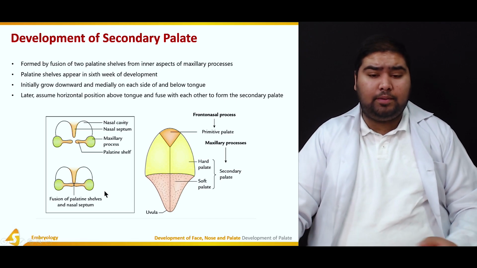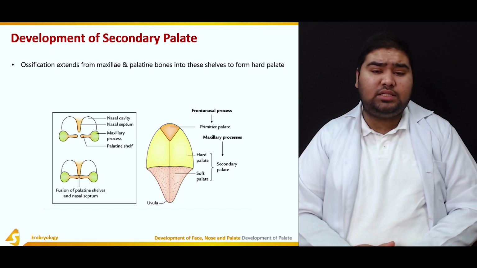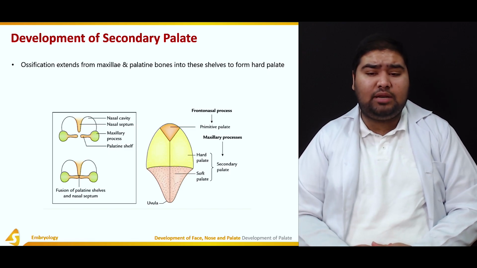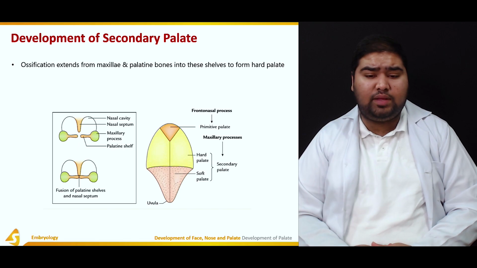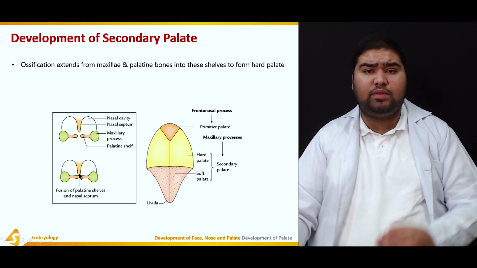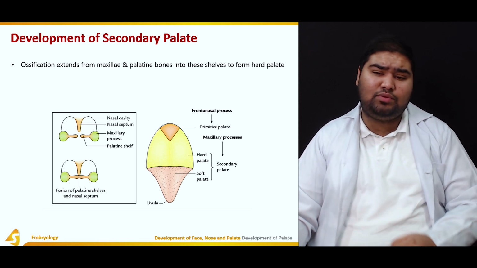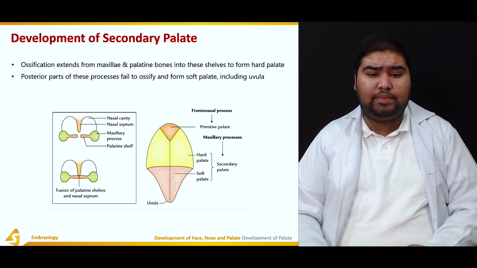So the ossification extends from maxillary and palatine bones into these shelves to form the hard palate. It starts from the maxilla and the palatine bone and extends into this to form the hard palate.